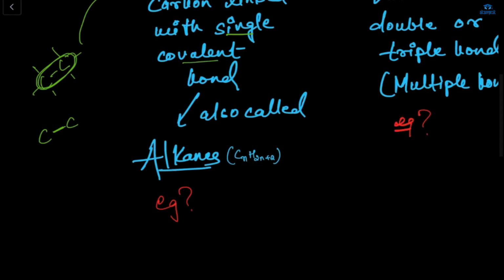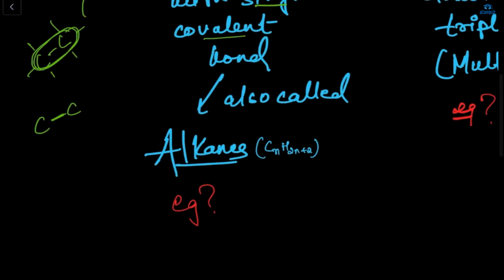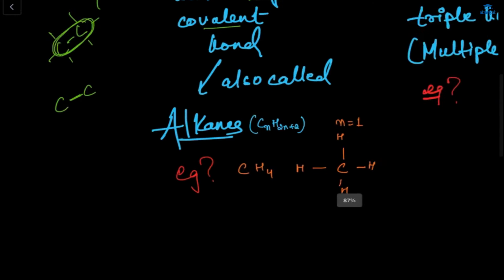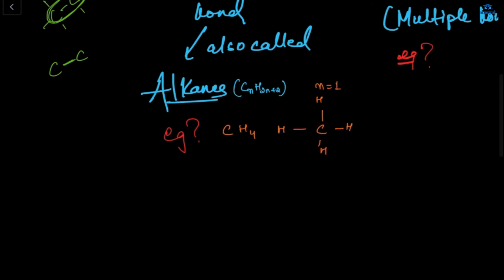The alkane formula is CnH2n+2. Now if I put n equal to 1, it will be C1H(2+2), which is 4. So CH4. And if I put n equal to 2, then it will be C2H(4+2), which means 6.